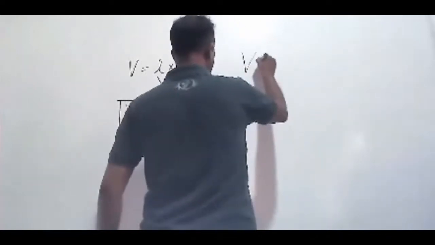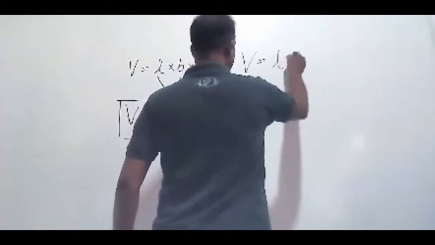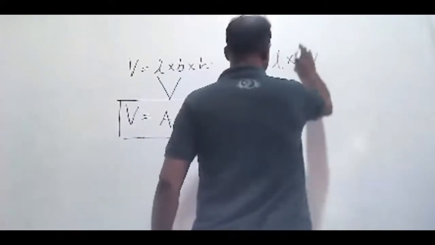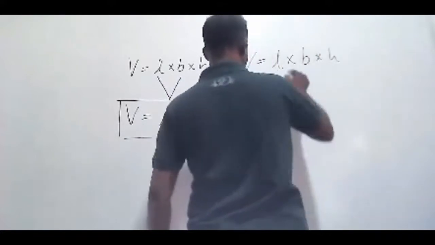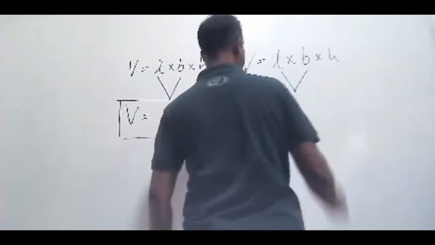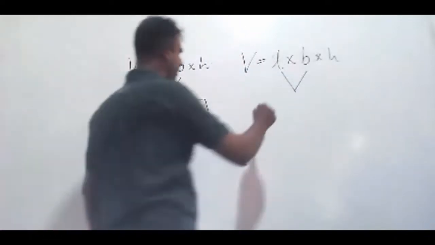V equals L into B into H. In L and B, we know that it is the area. L into B is the area.